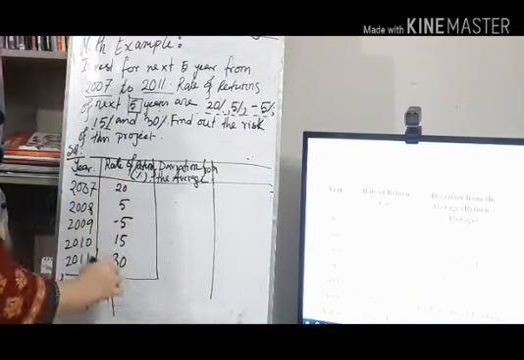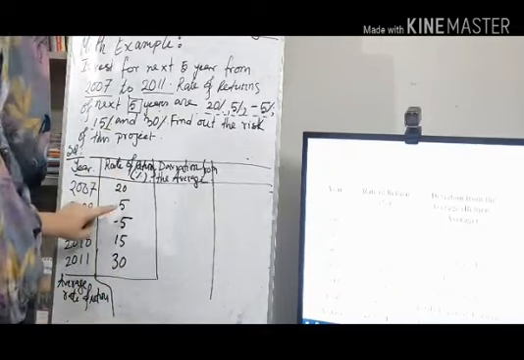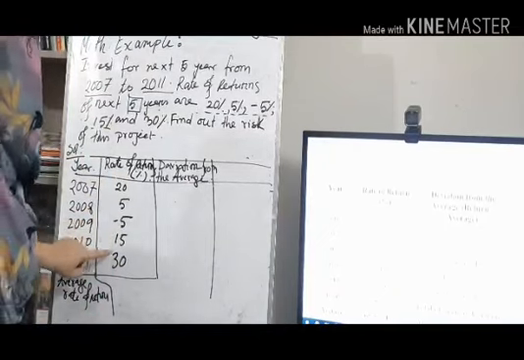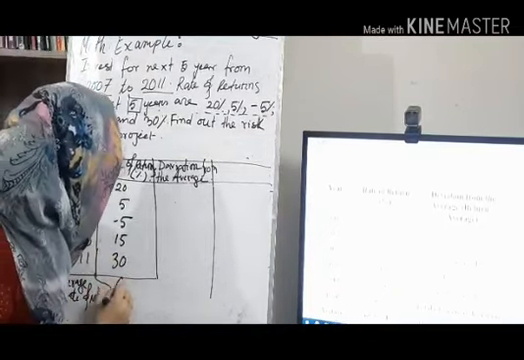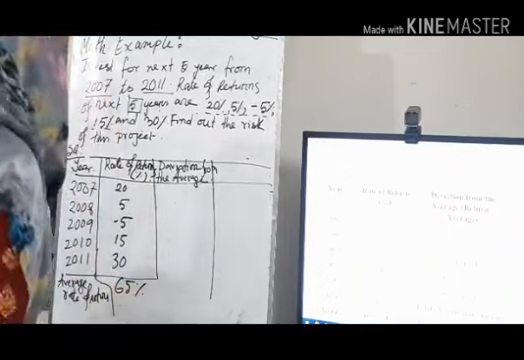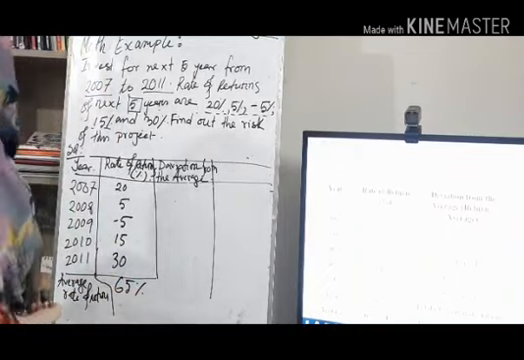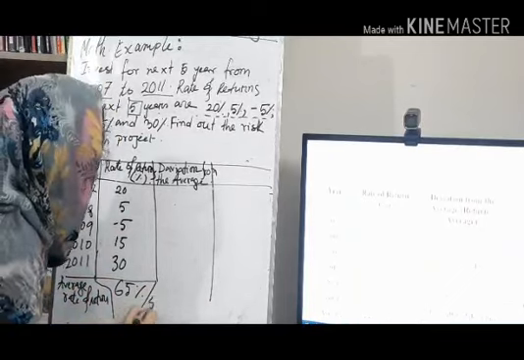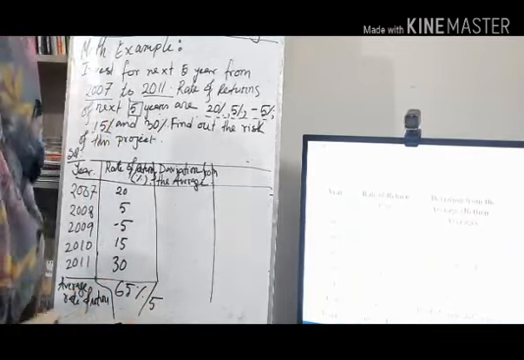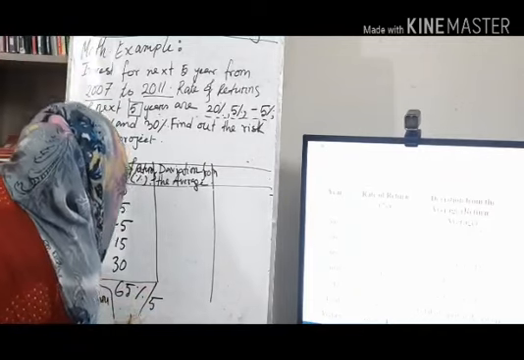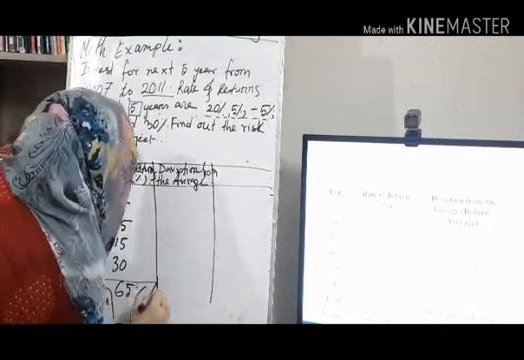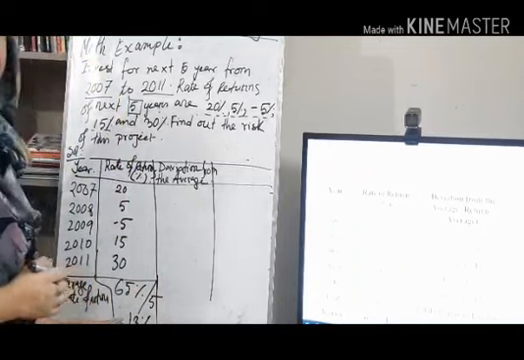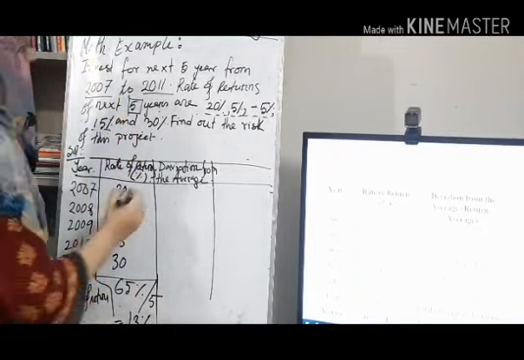The total is 25 minus 5, 15 and 30, which is 65%, and we have to divide it by 5. So the average rate of return is 13%.